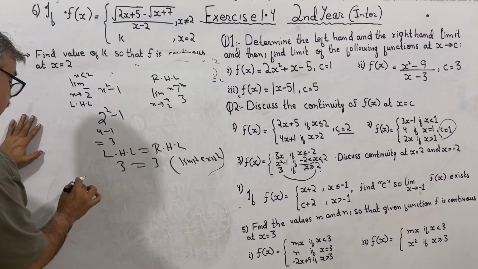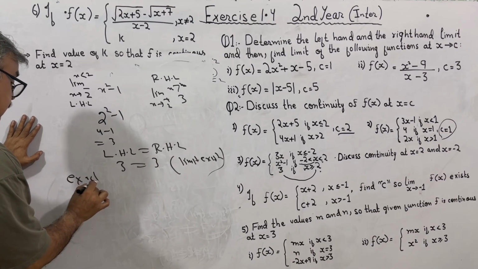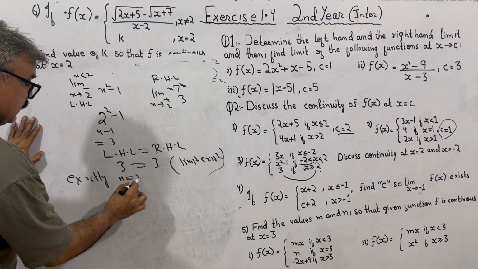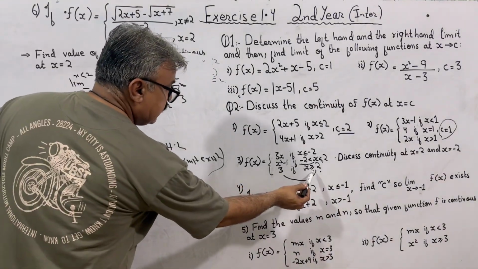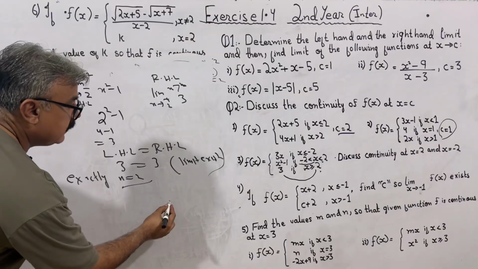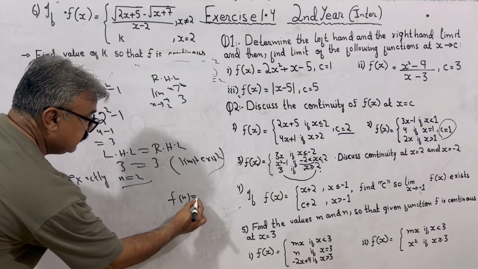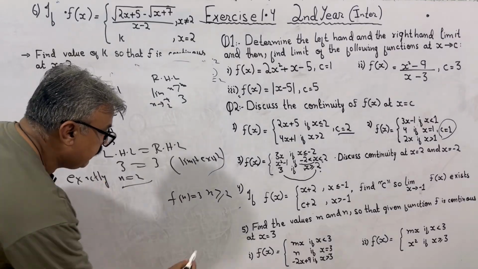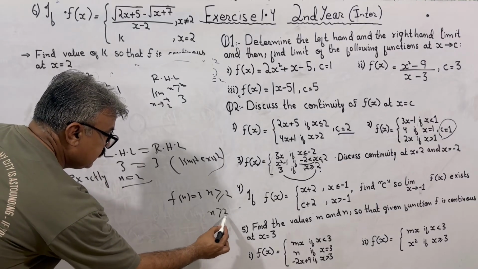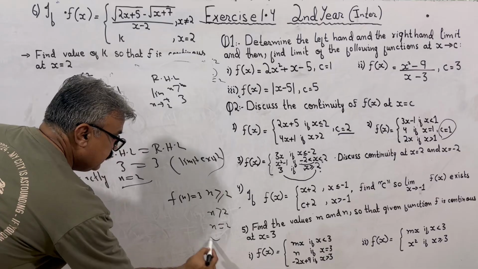What about the function value? Exactly at x is equal to 2, what happens? Exactly x is equal to 2 lies in the interval where f of x is equal to 3 when x is greater than or equal to 2. If I open up the inequality, x is greater than 2 as well as x is equal to 2.